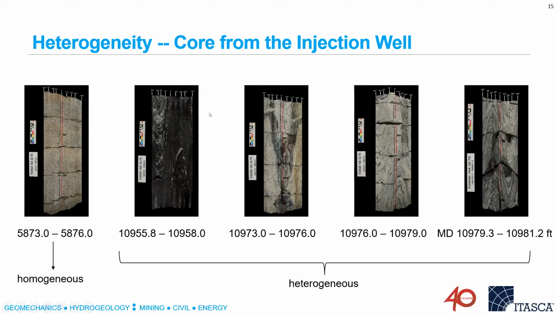But at the range where we are doing the stimulation, around 10,900 feet, if you see the figure, it's quite different, the rock fabric. These things could contribute to the complication of the initiation of these fractures.